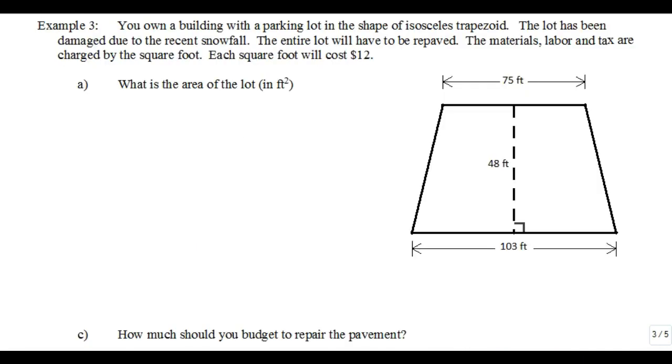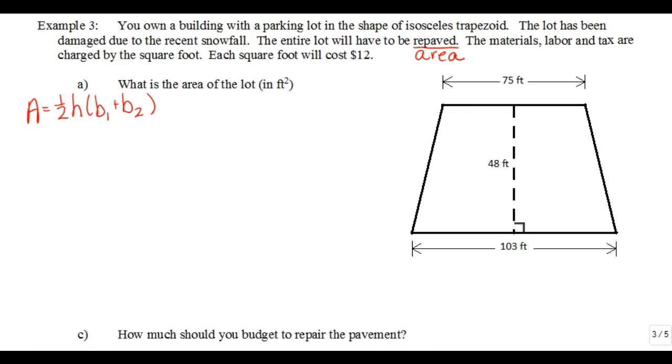Let's try the application problem. I'll give you a moment to read. Since we're talking about repaving, this is an area problem. So basically our first job is to find the area of the trapezoid.